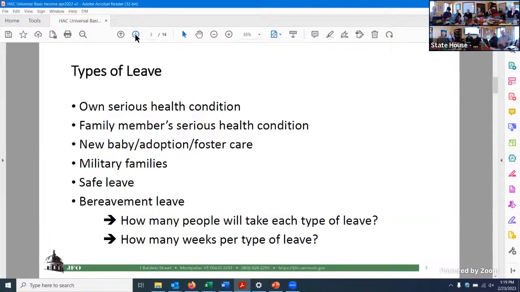So what we're going to do is look at the experience in other states and specifically the experience in the state of Rhode Island, which has had a family leave policy in effect for many, many years. So they tend to have relatively high take-up rates, and that's why we're using them to give us some idea of what the take-up rate will be and how many weeks will be taken.